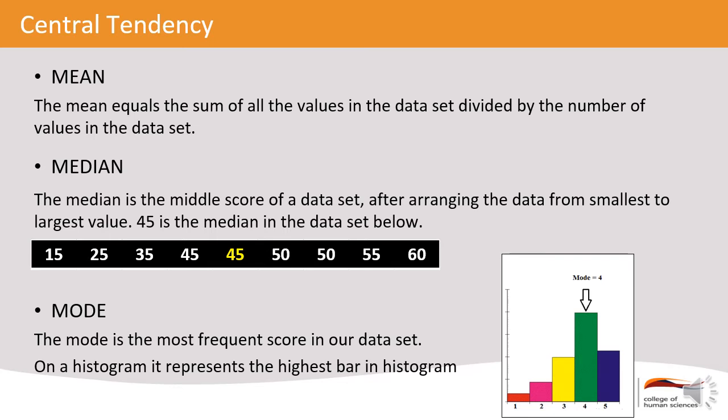In the data set below, the median is 45. The mode is the most frequent score in our data set. On a histogram, it represents the highest bar in the histogram. So in this little histogram on the right-hand side, the green bar is the mode.